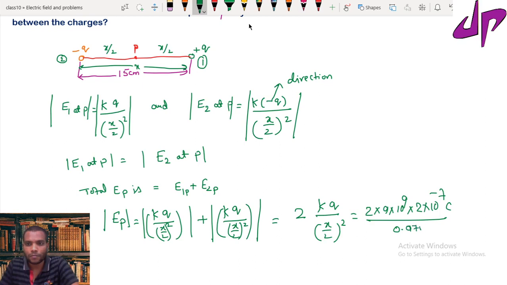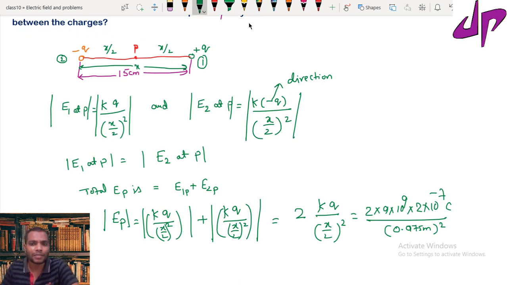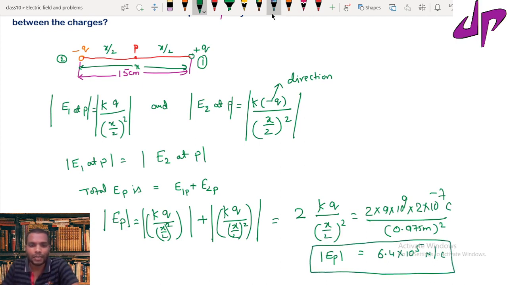Since we have to deal everything with meters, x by 2 is 0.075 meter, squared. Now if you do this calculation, the magnitude of electric field at point P equal to 6.4 times 10 power 5 Newton per coulomb. So this is the magnitude of the electric field at point P.